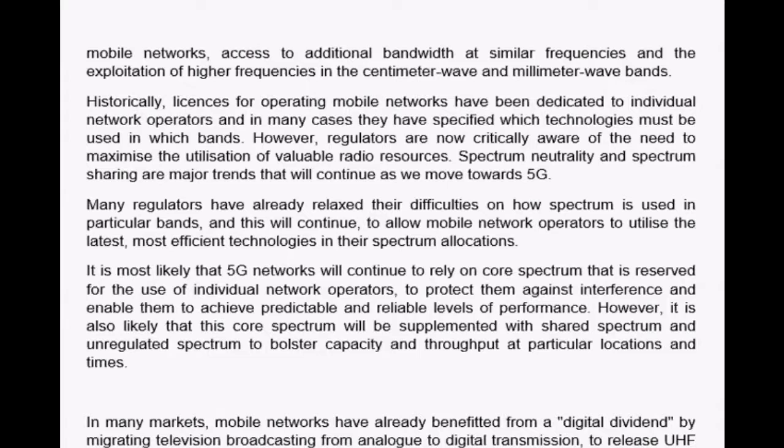Many regulators have already relaxed their restrictions on how spectrum is used in particular bands, and this will continue to allow mobile network operators to utilize the latest, most efficient technology in their spectrum allocations. It is most likely that 5G technologies will continue to rely on core spectrum that is reserved for the use of individual network operators to protect them against interference and enable them to achieve predictable and reliable levels of performance.